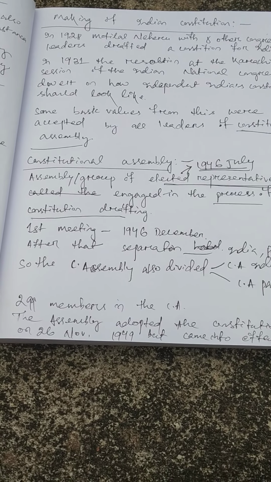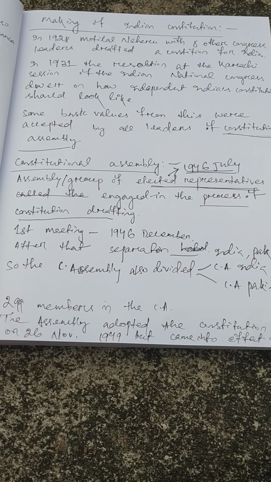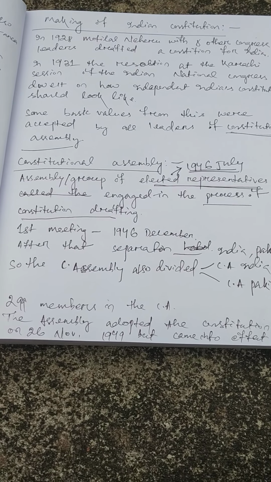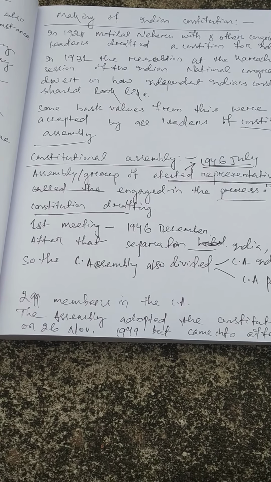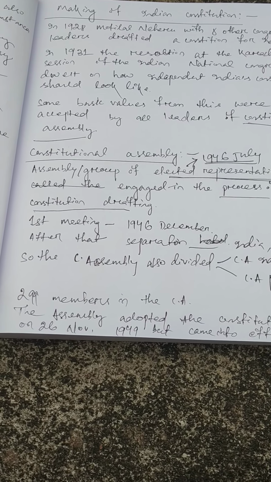After that came the separation of India and Pakistan. So the Assembly was also divided into the Constituent Assembly of India and the Constituent Assembly of Pakistan. There were 299 members in the Constituent Assembly of India.